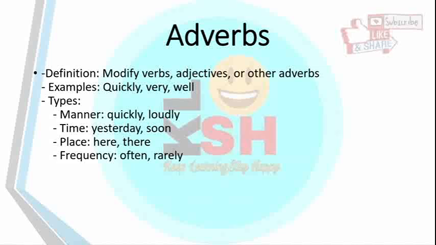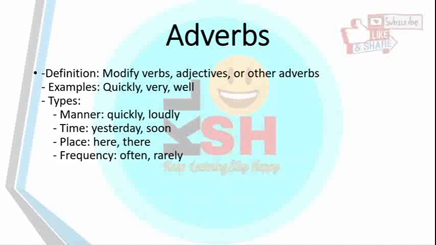Examples of adverbs are quickly, very, well. There are many types as well. Manner adverbs: the adverbs denoting the manner are the manner adverbs. Quickly, loudly. Time adverbs: the adverbs denoting the time in the sentence, like yesterday, soon.